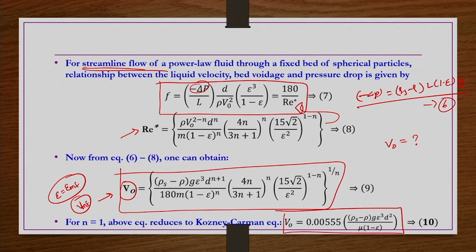But it is not always possible that you have only streamline flow. We have to have the contribution from turbulent flow also. So the 1.75 term required in equation number 7 should be taken into consideration.